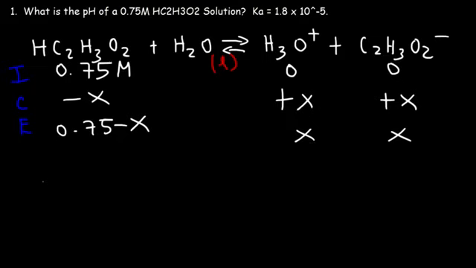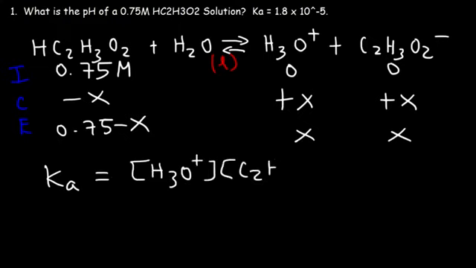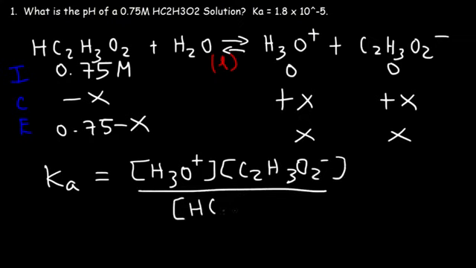So we can write the expression for Ka, the acid dissociation constant. It's equal to the concentration of the products, which can be found on the right side, that's H3O+ and the acetate ion, divided by the reactants. And we can't use water since it's a liquid. Now Ka is equal to 1.8 times 10 to the minus 5.